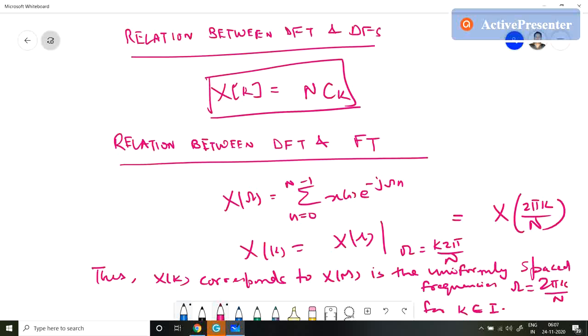So if we have X(Ω), then replacing Ω with 2πk divided by N will give us X[k].